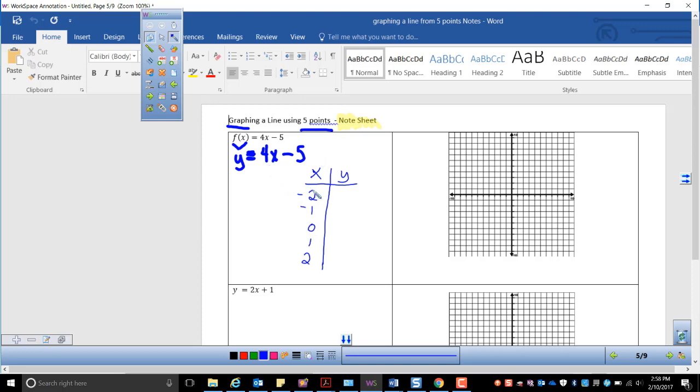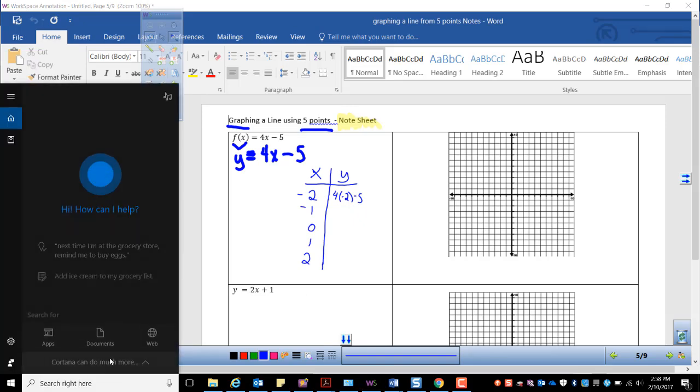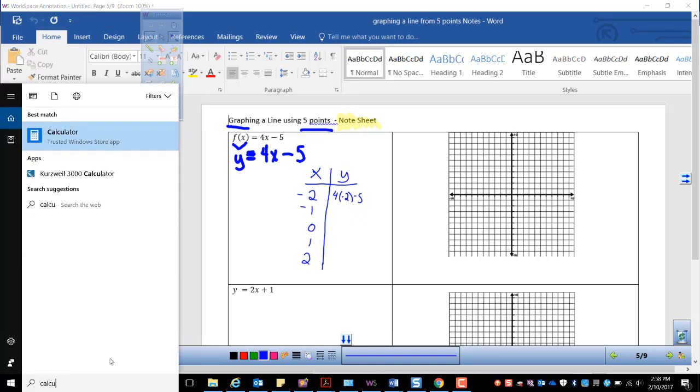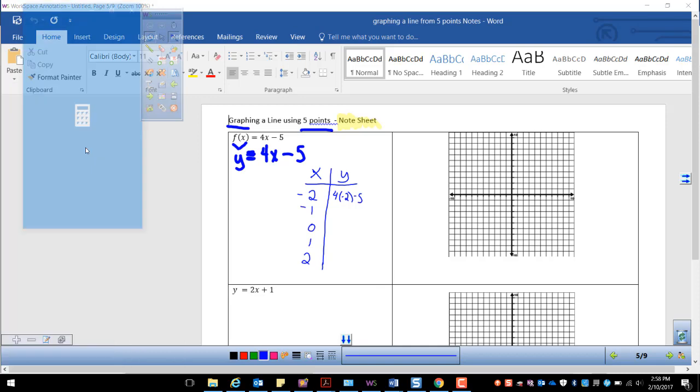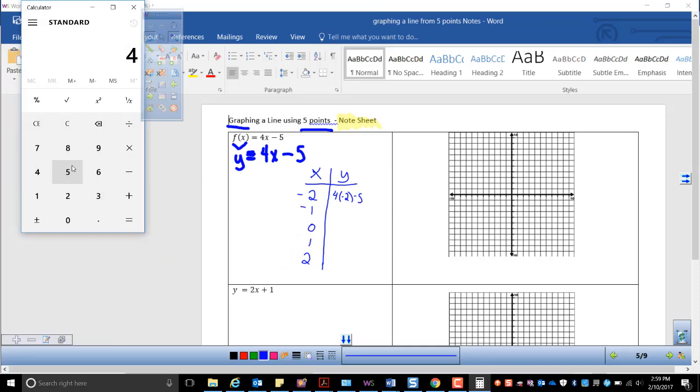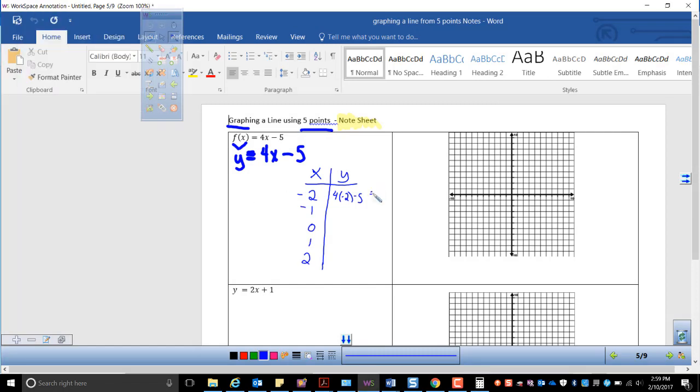Now to get the y values, I have to plug things in. So I have 4 times x. I get 4 times -2 minus 5. Hopefully you'll have your calculator right out there. You will take 4 times negative 2, which is -8, minus 5, and you get -13.